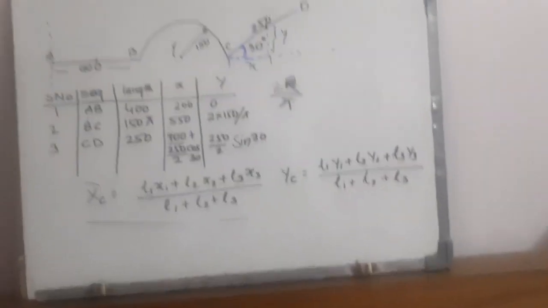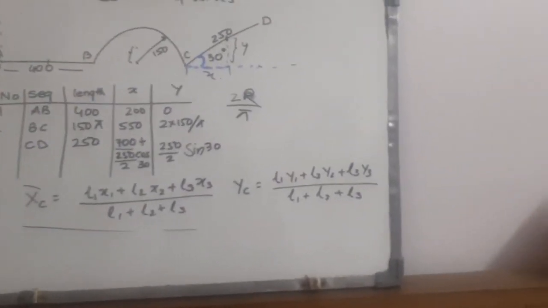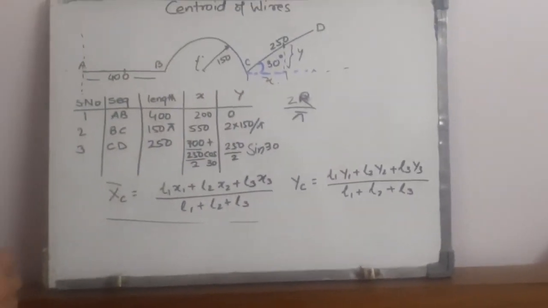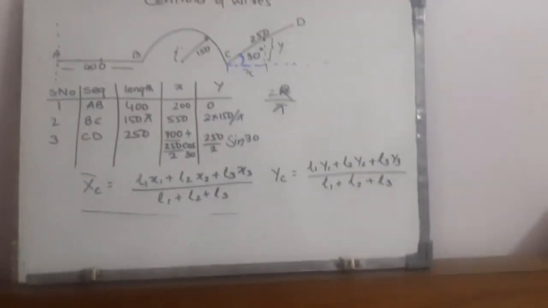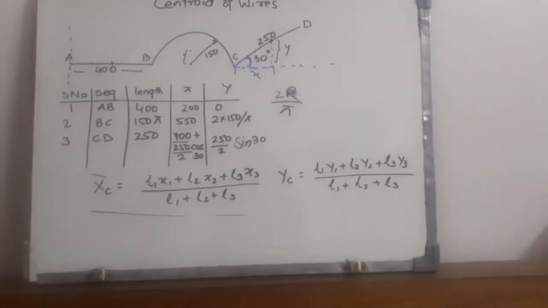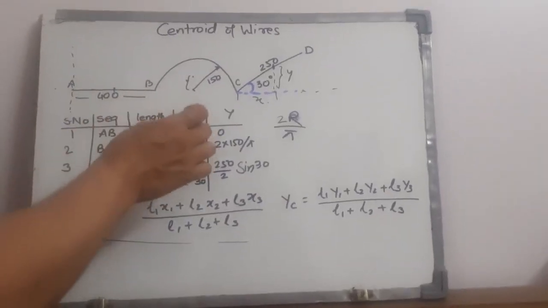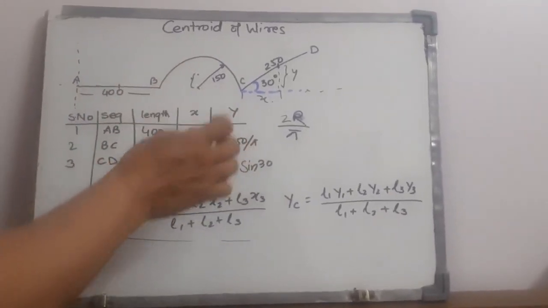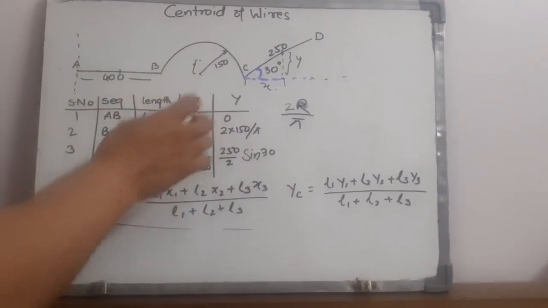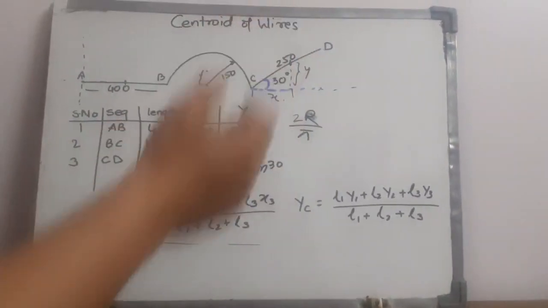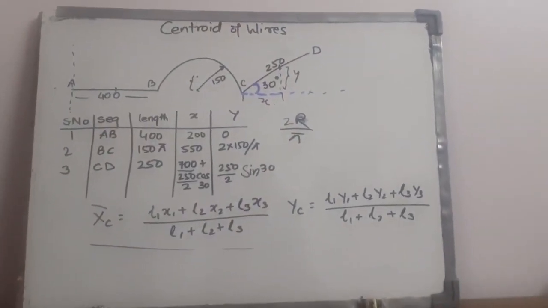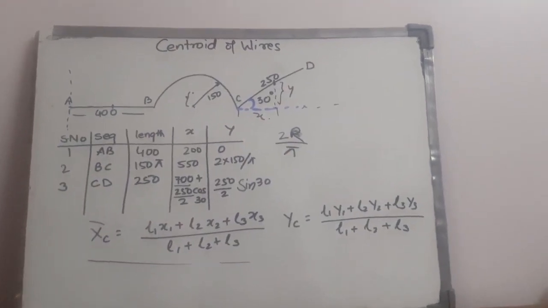You can calculate the values of xc and yc, and these are the centroid. So for all problems related to wires, what you need to do is break them into line segments, or you can say wire segments, and find their individual centroids in form of coordinate geometry. Once you have found them out, you can straight away use this formula and calculate the centroid of wires.